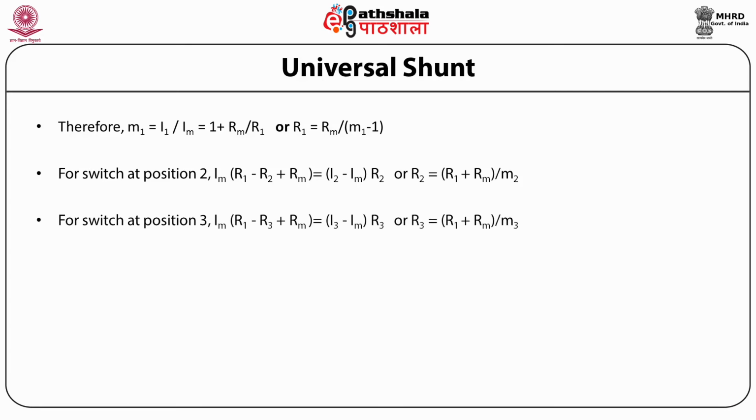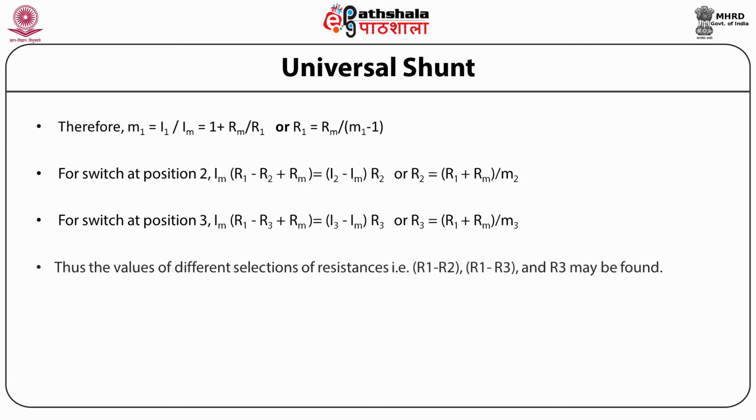For switch at position 3, Im (R1 minus R3 plus Rm) is equal to (I3 minus Im) multiplied by R3, or R3 is equal to (R1 plus Rm) divided by M3. Thus, the values of the different resistances, that is R1, R2 and R3, may be found.